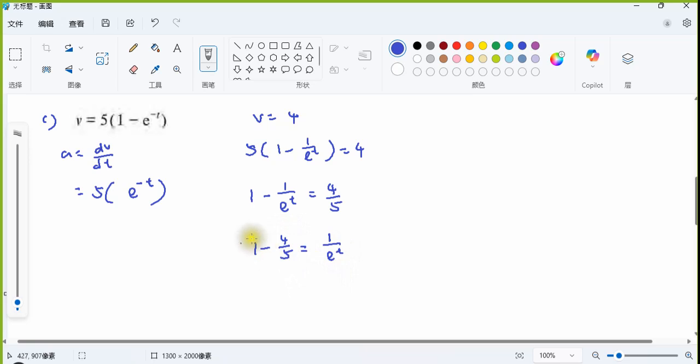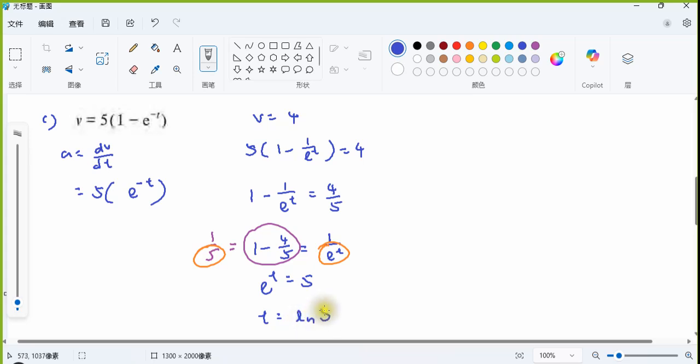So this part is 1 over 5. So we have 1 over 5 equal to 1 over e to the power t, so e to the power t equal to 5.